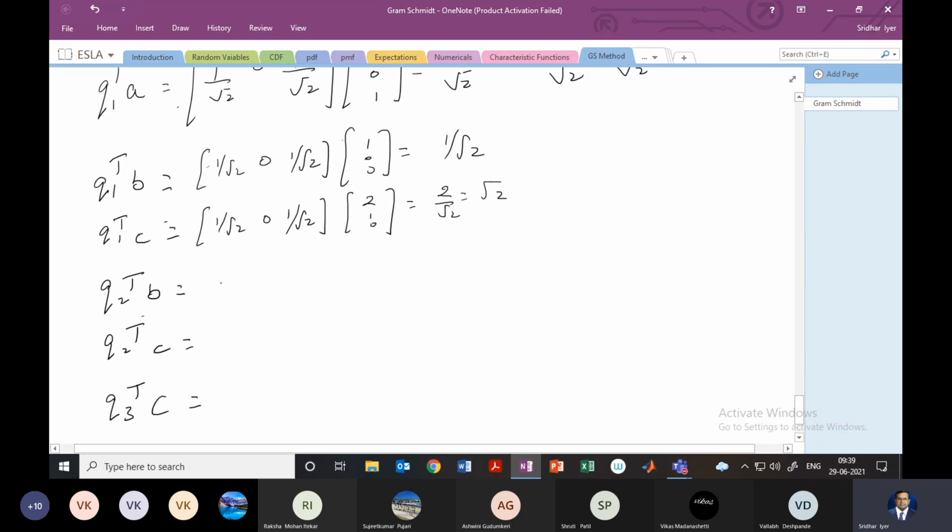Q2 transpose B will be 1 by root 2, 0, negative 1 by root 2 multiplied with 1, 0 and 0, it will be 1 by root 2. Q2 transpose C will be 1 by root 2, 0, negative 1 by root 2 into 2, 1, 0.